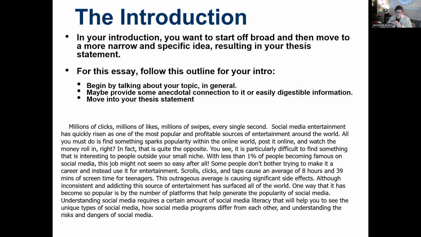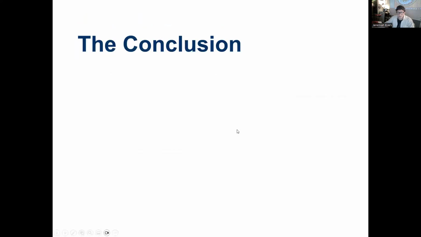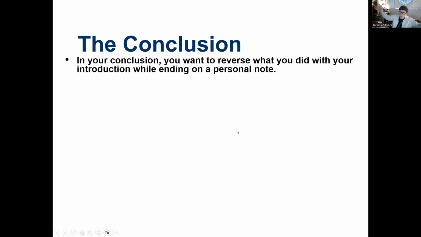We're going to look at how they differ from each other, and then we're going to understand the risks and dangers. So it's social media, then the problems of social media, and then our thesis statement.